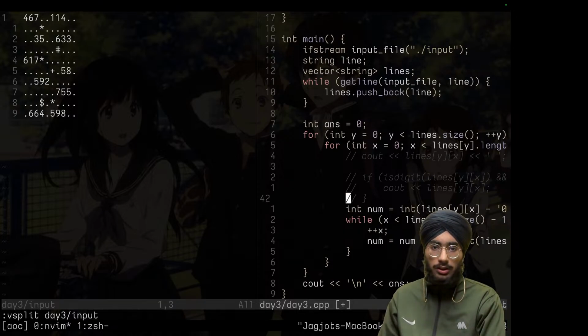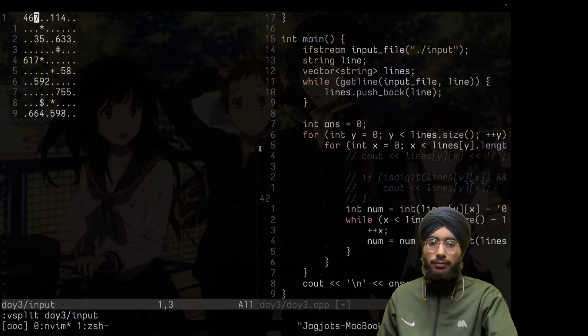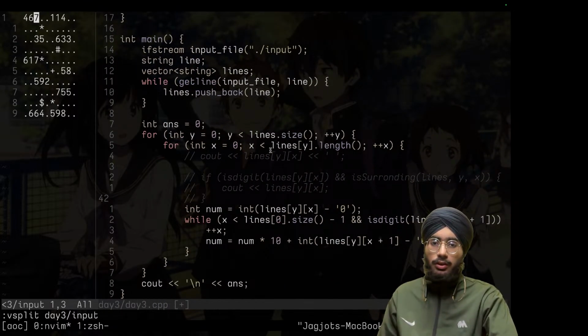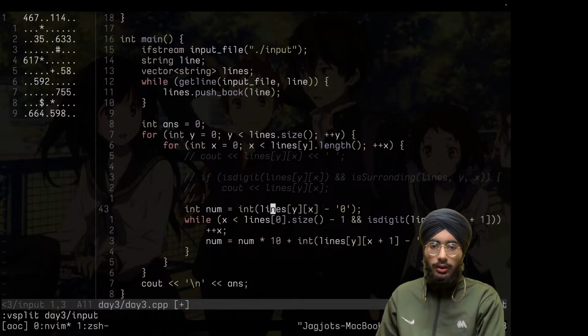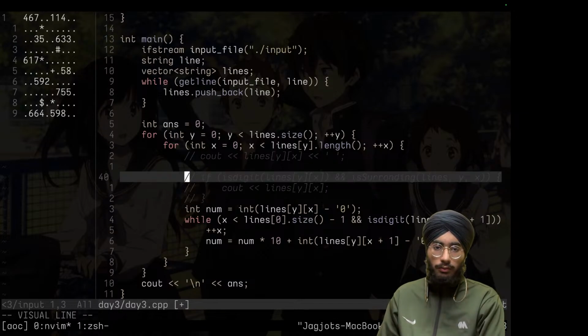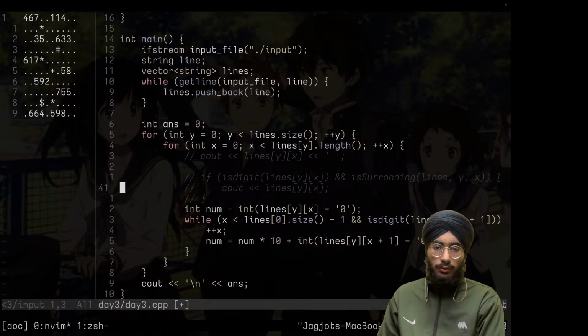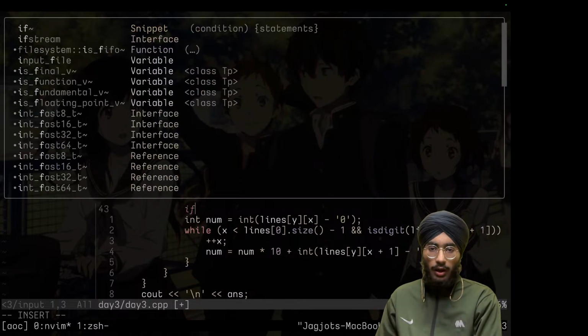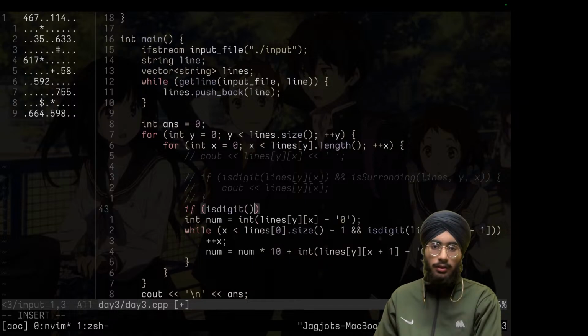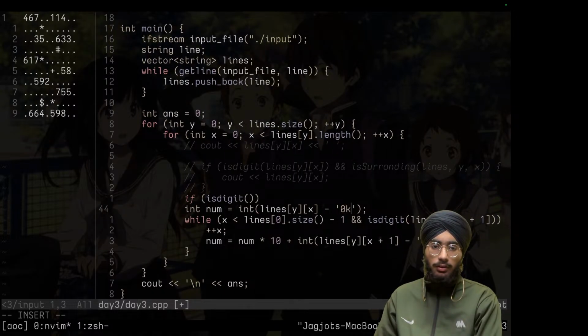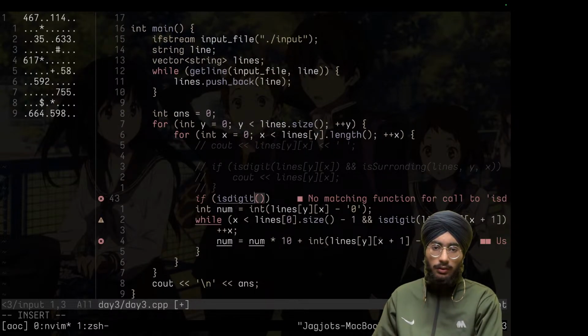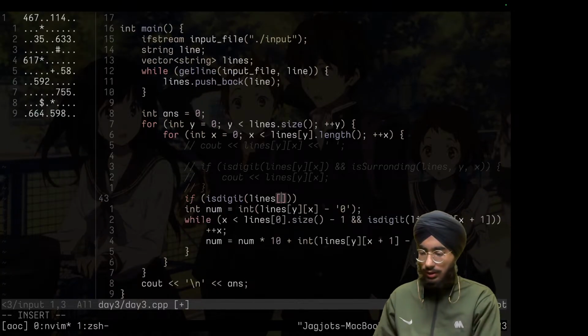Then what it's gonna do is, okay, we want to have an if statement: is digit lines x and y position of the line.